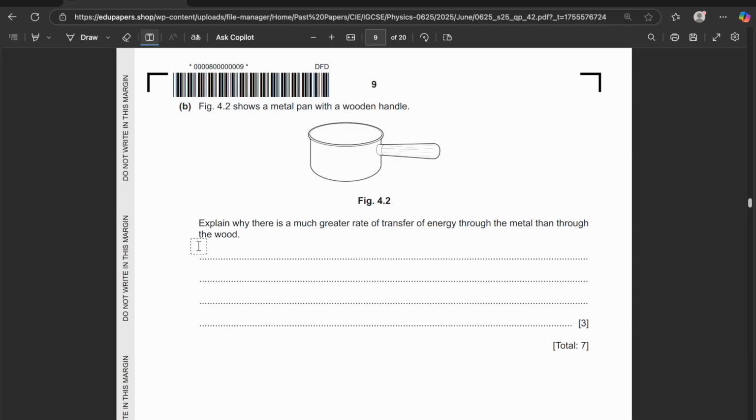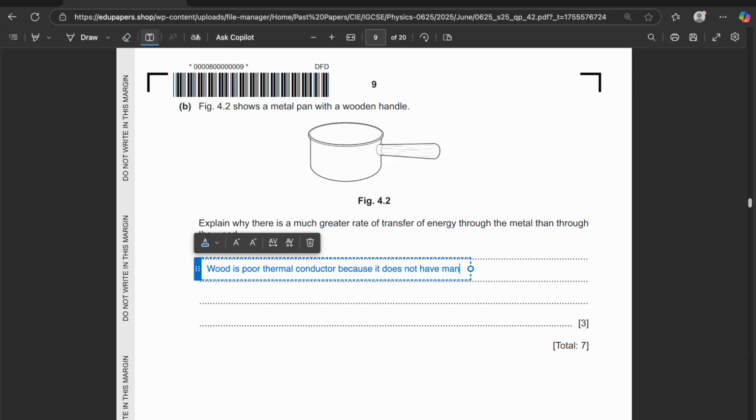B, figure 4.2 shows a metal pan with a wooden handle. Explain why there is a much greater rate of transfer of energy through the metal than through the wood. So clearly wood is a poor thermal conductor because it does not have many free electrons to move about and carry thermal energy.